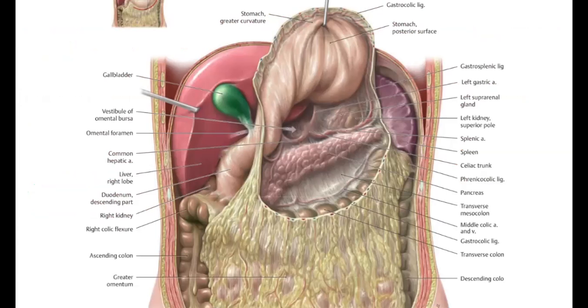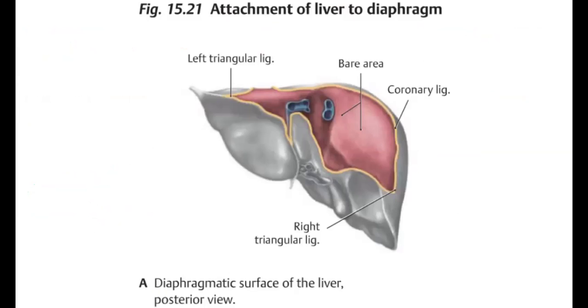You see, this is the greater omentum, right? So this is gastrocolic ligament. This is stomach, right? You see, coronary ligament, attaching liver to the diaphragm.